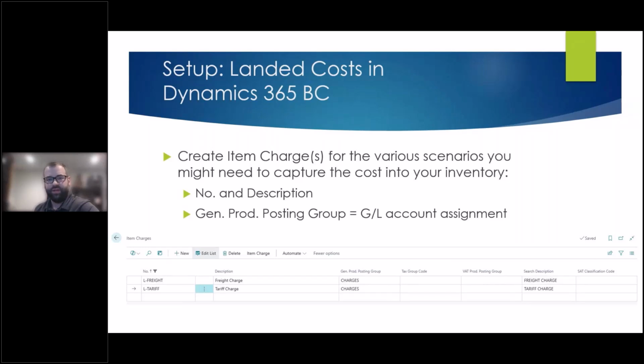Even though we're assigning a posting group here, a lot of the GL accounts that are hit are going to be whatever the item is that you're assigning to. You'll see that in a minute when I go through some of these slides. But basically, if we looked at a preview posting or an actual posting journal, we would see a lot of ins and outs, accounts that are washing each other, which is how BC is going to handle the posting of these landed costs.